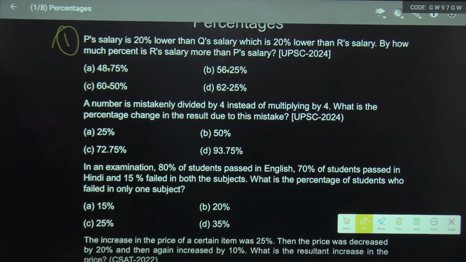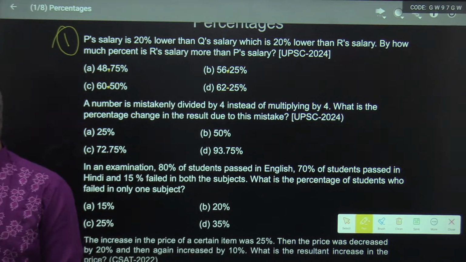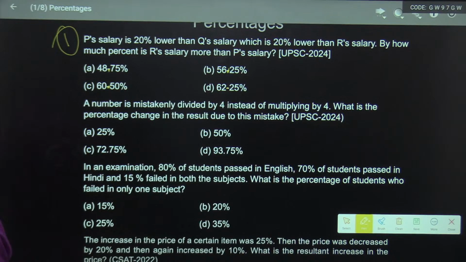P's salary is 20% lower than Q's, and Q's salary is 20% lower than R's salary. By how much percent is R's salary more than P's salary? Okay, so start.